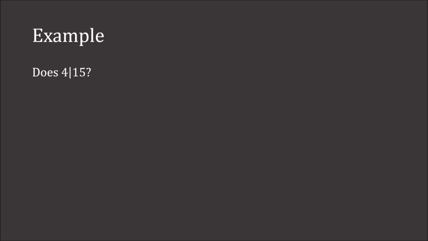So does 4 divide 15? Well, let's suppose that it does. Then by definition there would have to be an integer q such that 15 is equal to 4 times q.